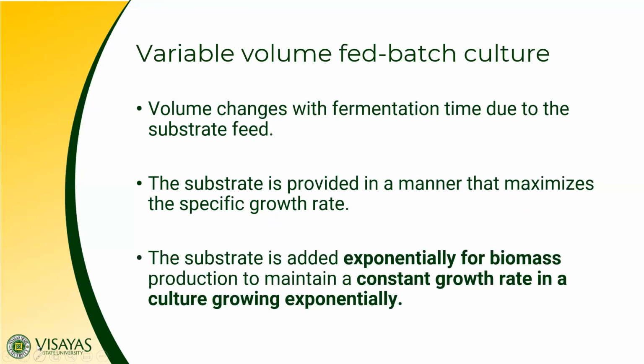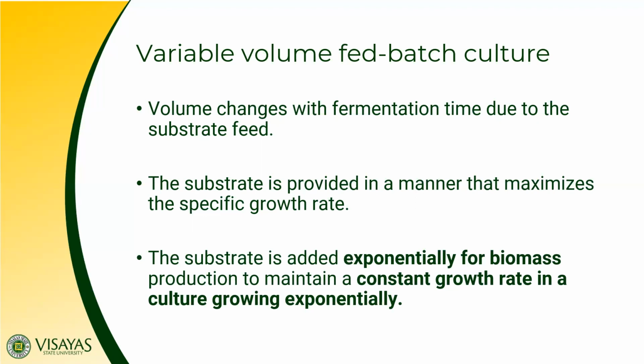But here in the variable volume fed batch culture, the goal of this classification of fed batch is that it maximizes the specific growth rate. So there will be increments of the feeding of the volume of the concentration of the substrate.